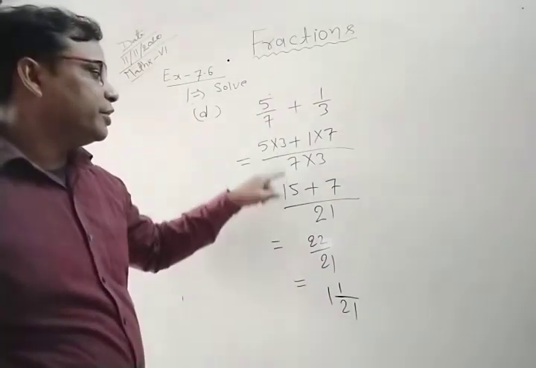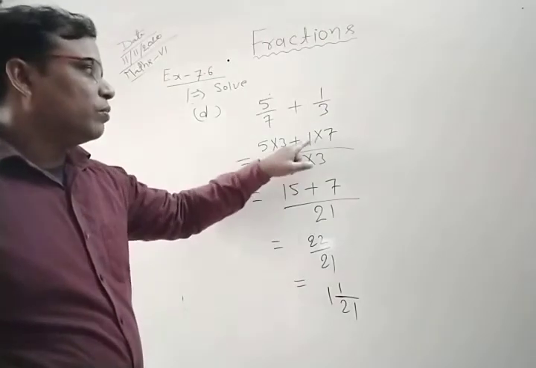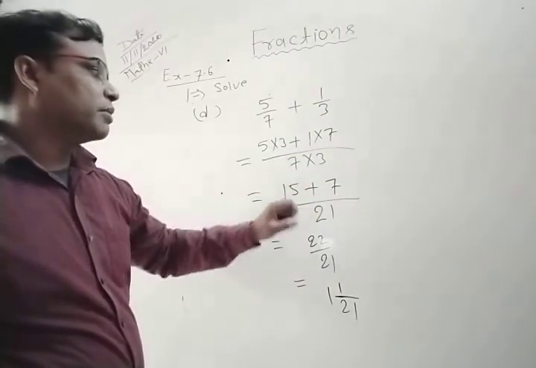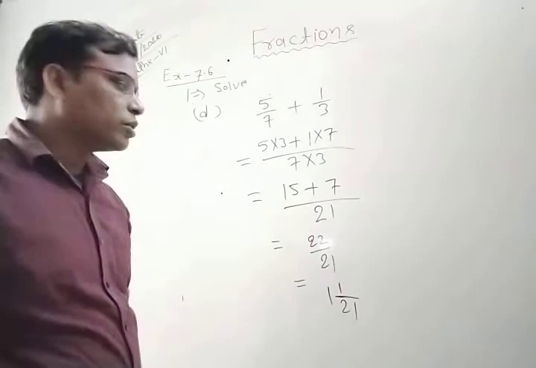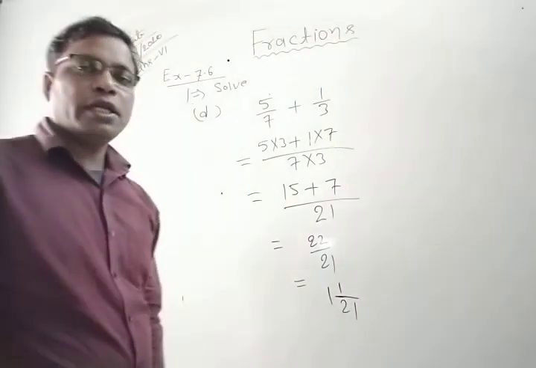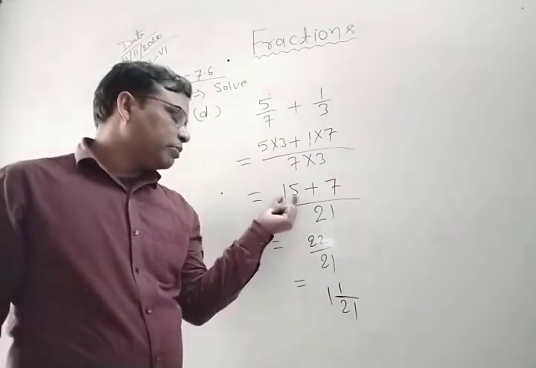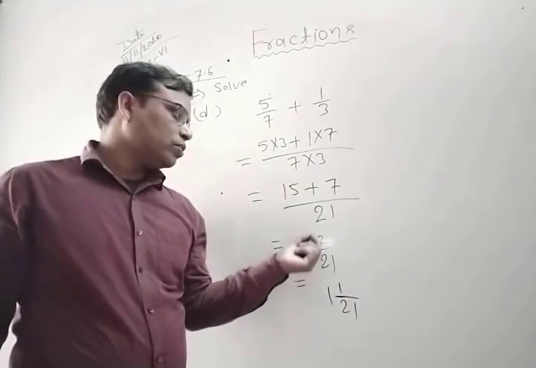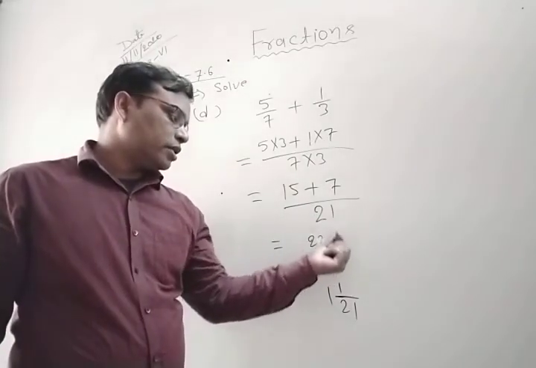So 5 into 3 is 15, plus 1 into 7 is 7, and 7 into 3 is 21. If we add 15 plus 7, this is equal to 22 by 21.